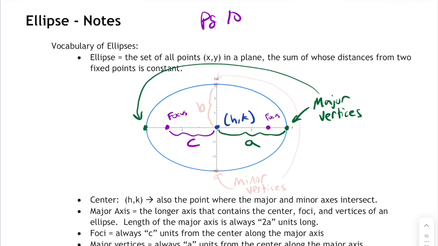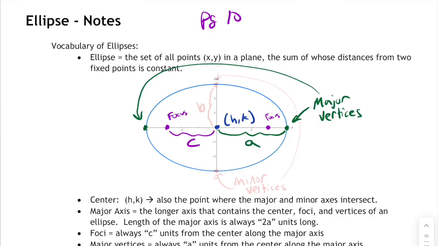Because they're on which axis? Specifically, an axis that an ellipse has. Say, the major axis, right? So the endpoints of the major axis we call the major vertices. And then we have something called the minor axis. That's the shorter one, right?